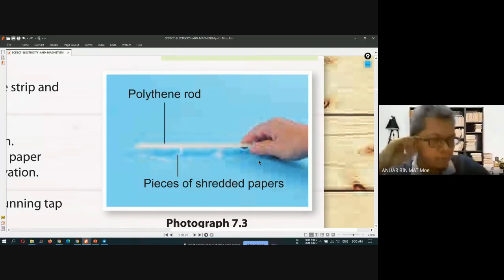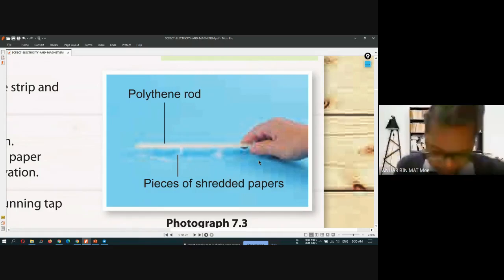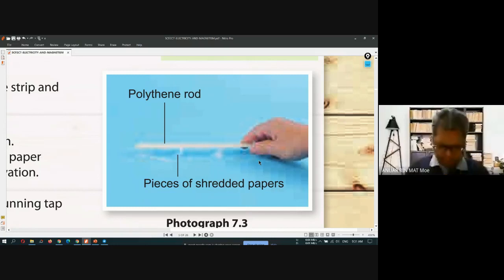Electrostatic charges, you just remember, are available on all types of surfaces, including your hand. There are electrostatic charges everywhere, on any surface, especially your hand, any object.